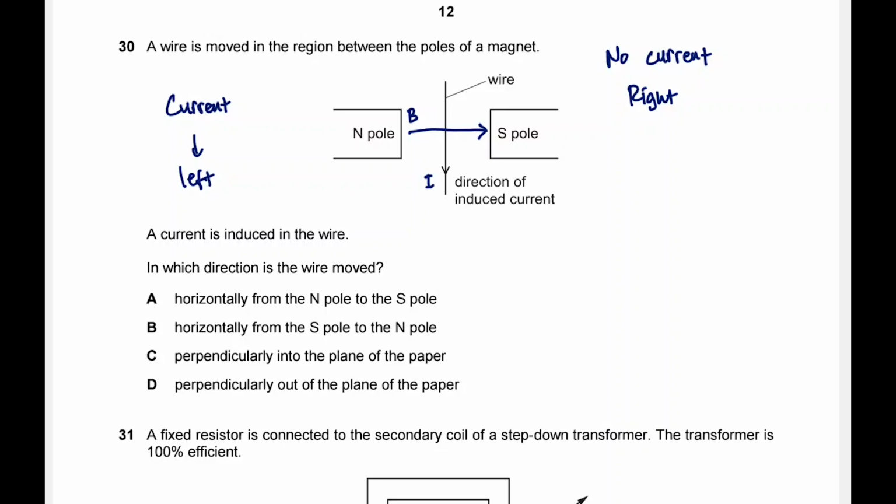Using the right hand Fleming, F or the force is the thumb, B is the magnetic field shown by the index finger, and I, the current, is shown by the third finger. So B to the right and current down. Therefore, the thumb is pointing perpendicularly into the plane of the page.